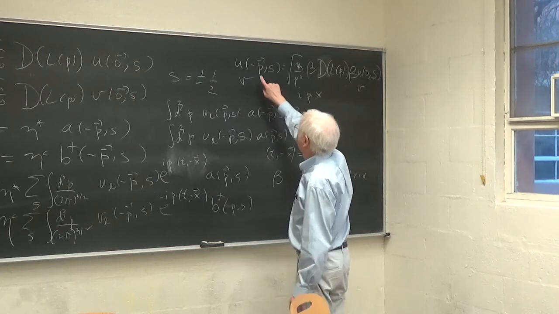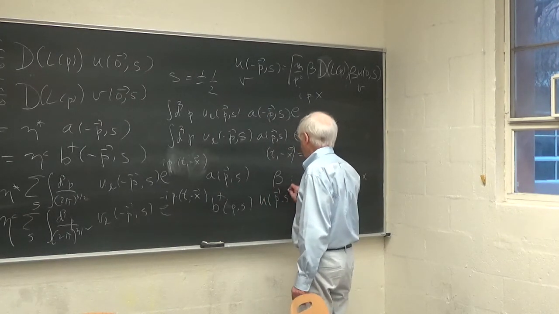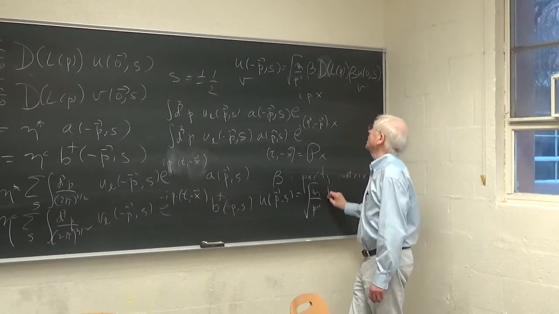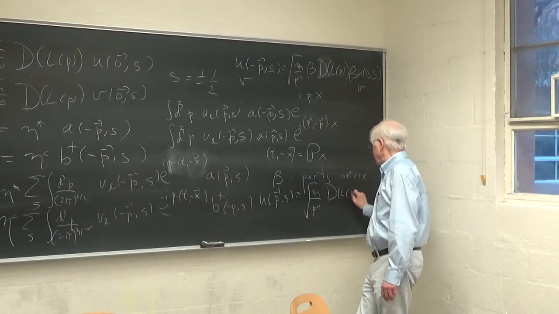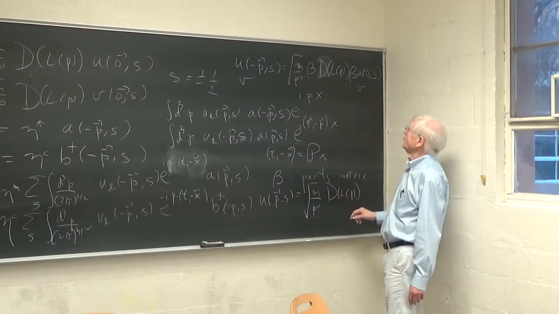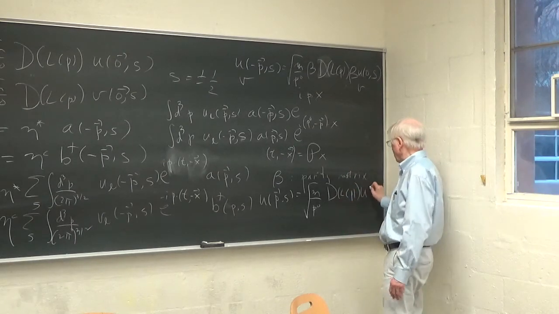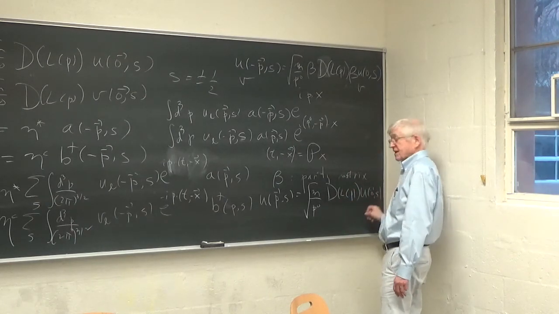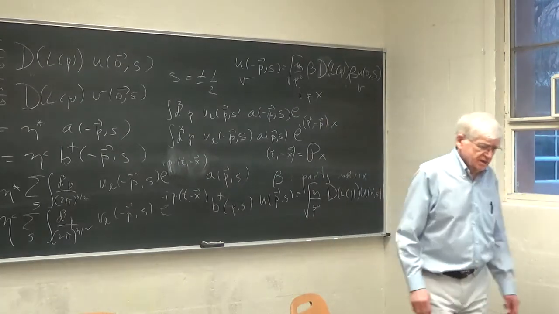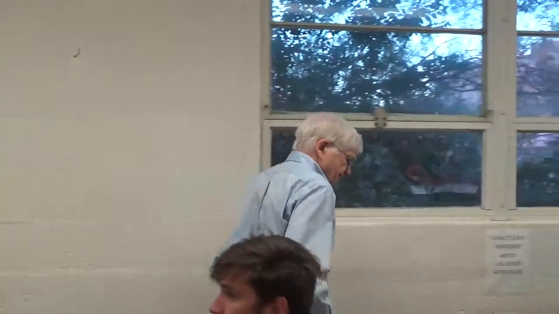If we hadn't had the minus sign there, u of p and s would be the square root of m over p0 times D of L of p, the standard Lorentz transformation, the 4x4 1/2 representation of the Lorentz group, acting on u of 0 and s. Good question.